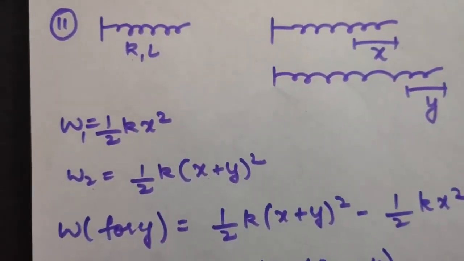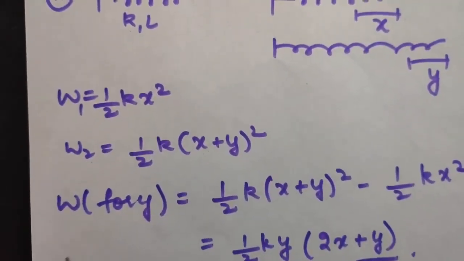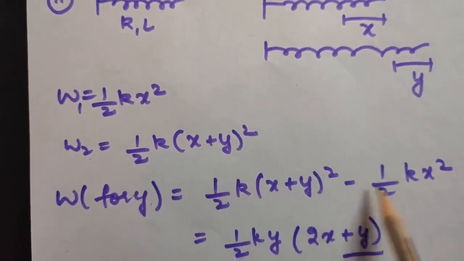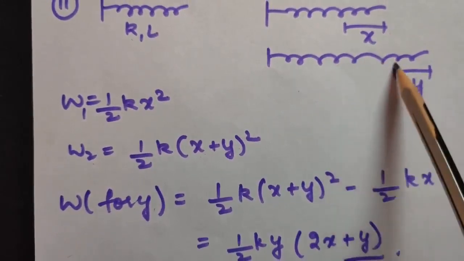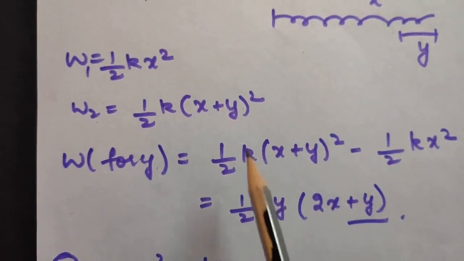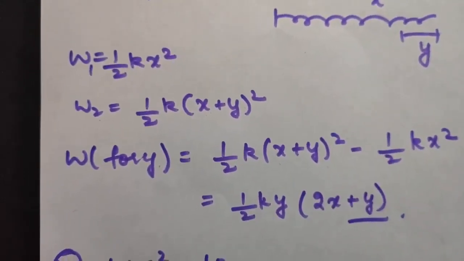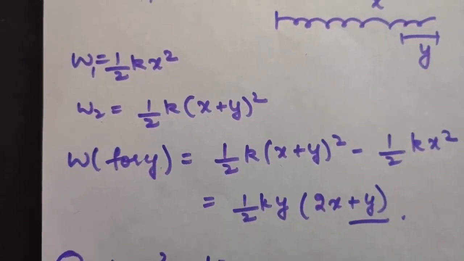But in the question you are asked for the work done in the second stretching. So the work done for the stretching of y will be equal to this one minus this one. So only this will be left, right? That is half k x plus y whole square minus half k x square. Solve it, you will get the answer to be half ky into 2x plus y.